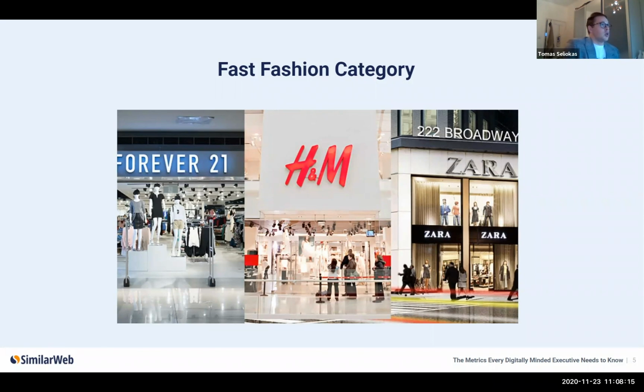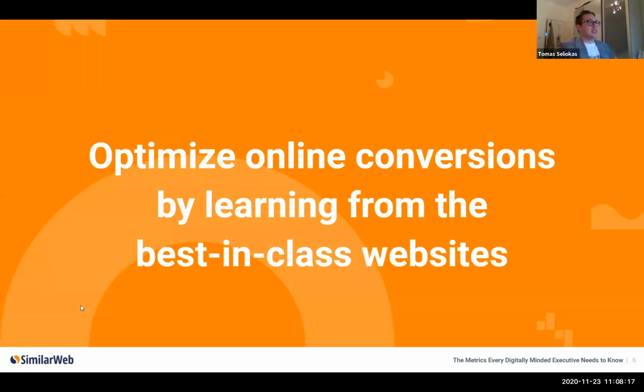Let's start with the first part of the presentation: how to optimize online conversions by learning from best-in-class websites. What I love to do for any industry I work in is, first of all, start by understanding the trend in the industry.